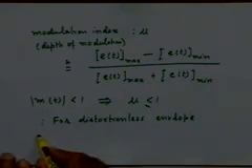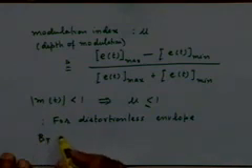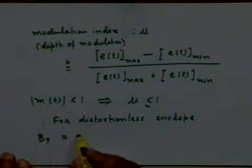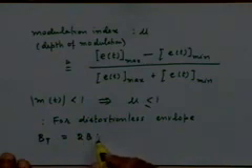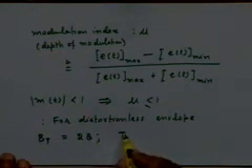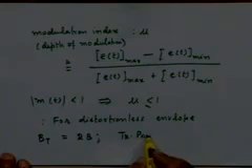Okay, we have already seen that the bandwidth requirement, the transmission bandwidth, would be 2B, right? What about the transmitted power? What will be the transmitted power? Last time we derived this to be equal to S sub C into S sub M, where S sub C is the carrier power and S sub M is the message power.